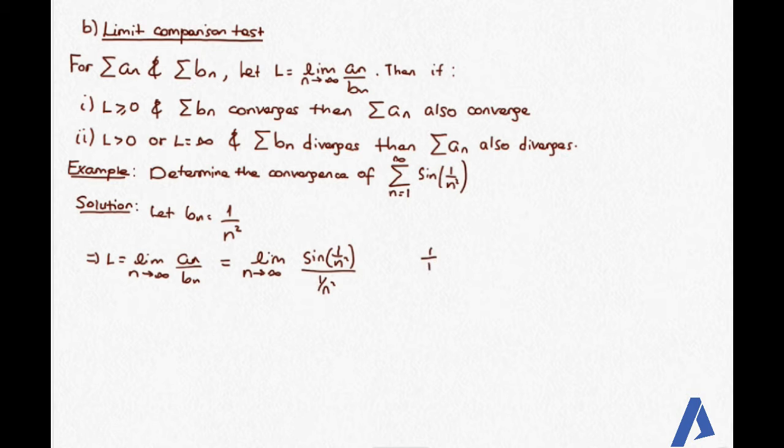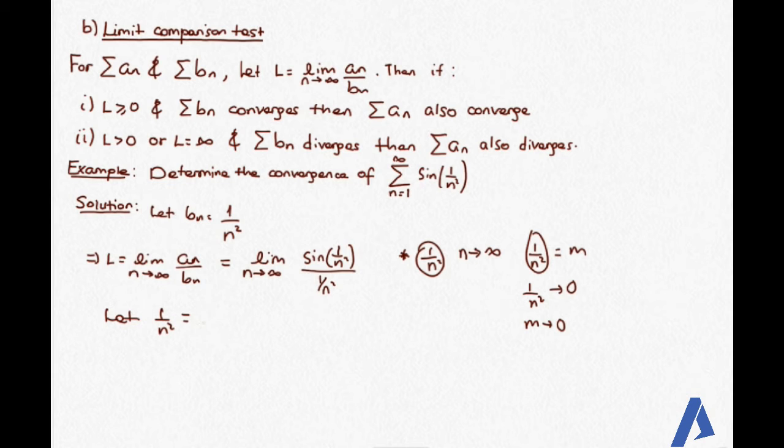ነገር ግን 1 over n square as n approaches to infinity ማለት ይሄንን ተርም ሙሉውን 1 over n square let's say m ብንለው as n approaches to infinity ይሄ ሙሉ ምን ማለት ነው? approaches to 0 ማለትም m approaches to 0። ስለዚህ let 1 over n square equal to m.